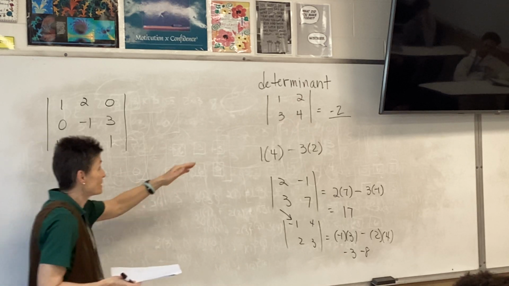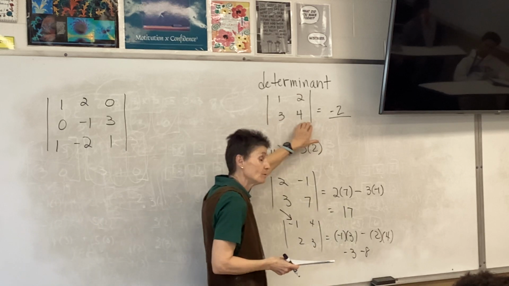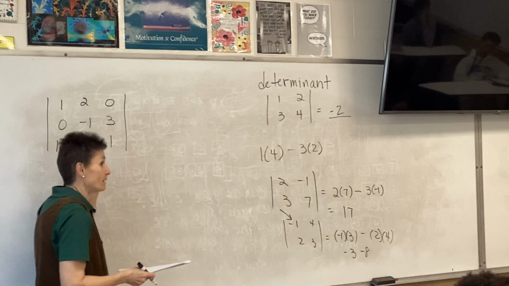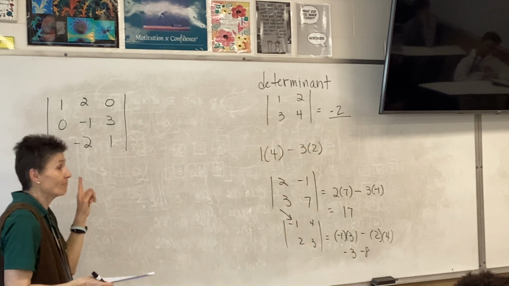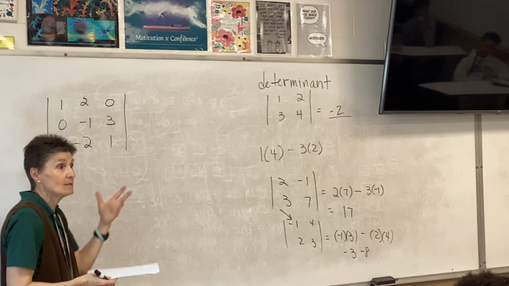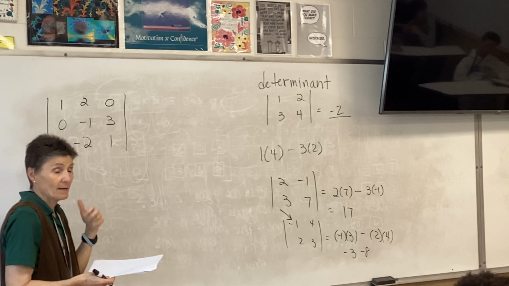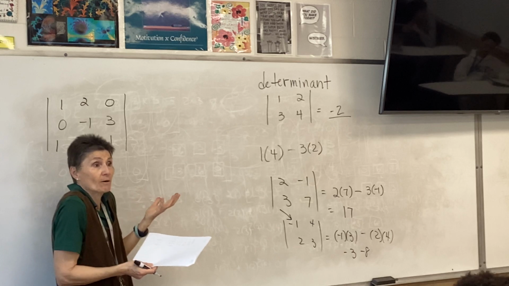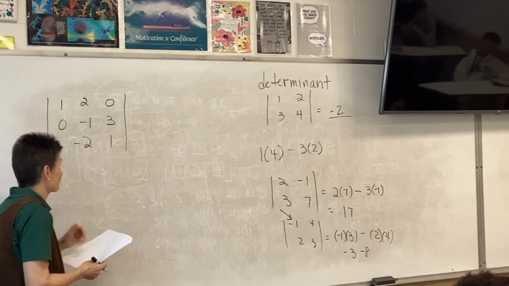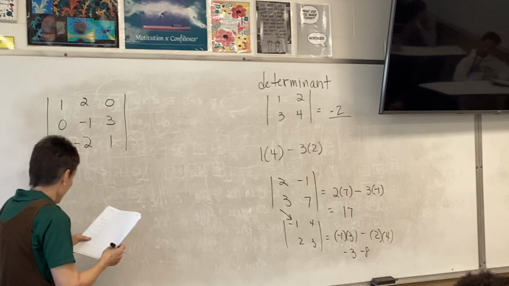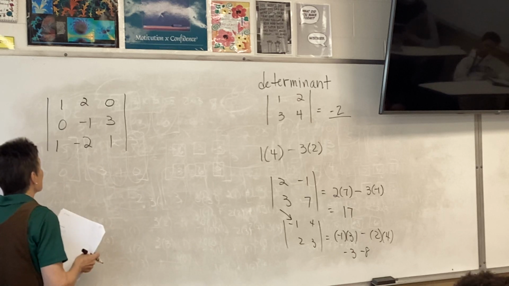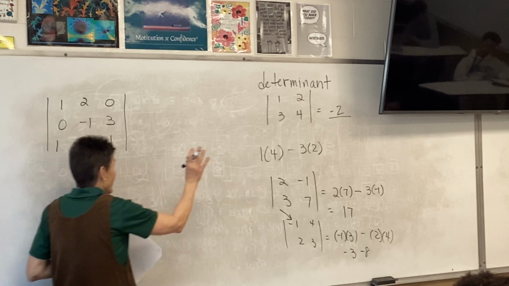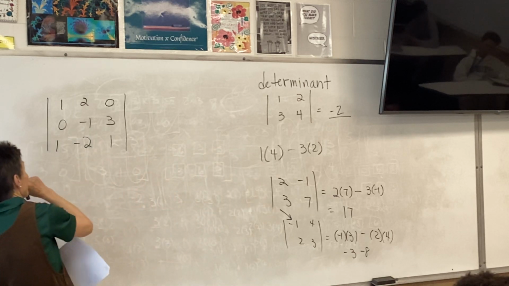So you can find a determinant of a 2x2 and of a 3x3. You cannot find a determinant of a 2x3, and if you try, your calculator will say error. We're going to do this one by hand, so you're responsible for knowing how to do the 2x2s and the 3x3s by hand.